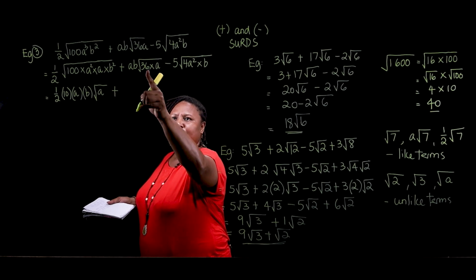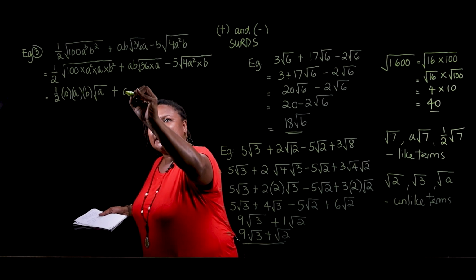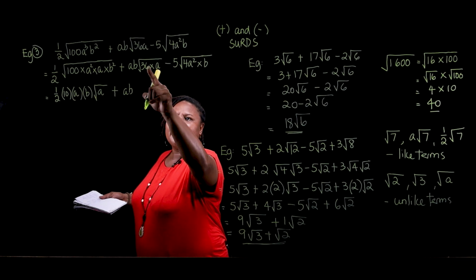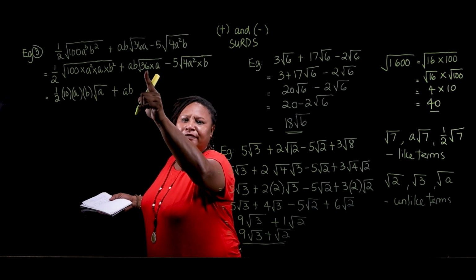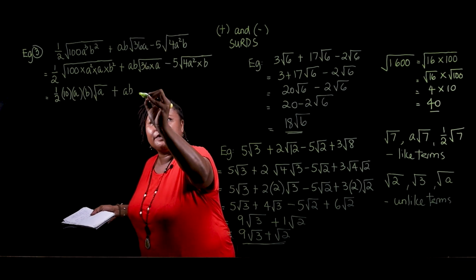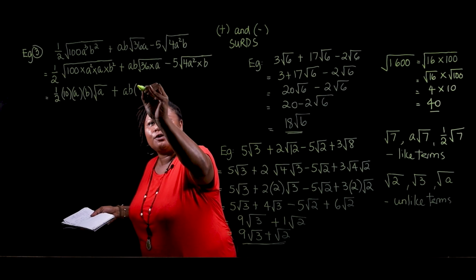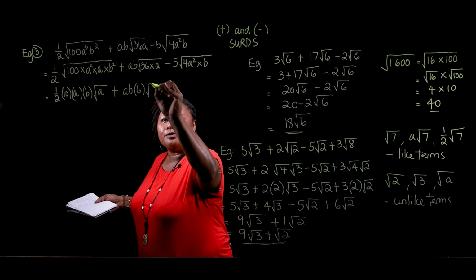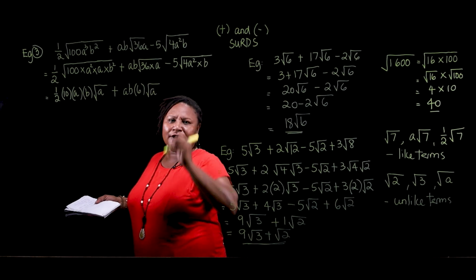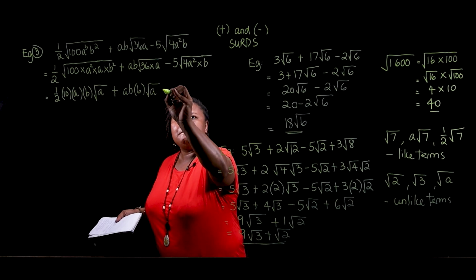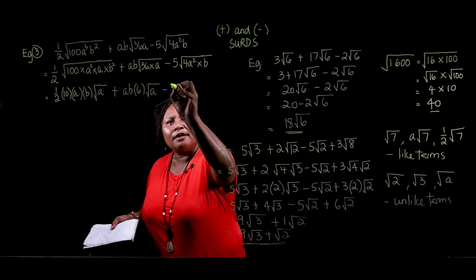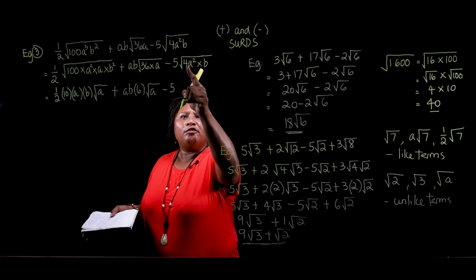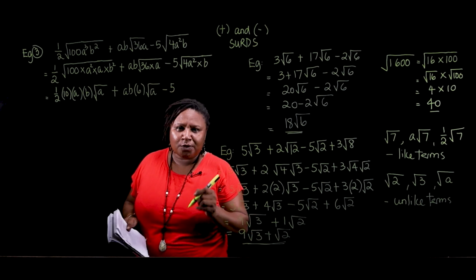Okay. Now here, ab stays where it is. 36 is a perfect square, so the root of 36 is 6. That goes outside. And we have a left, which remains under the radical sign. Okay? Minus 5. 4a squared is a square number.